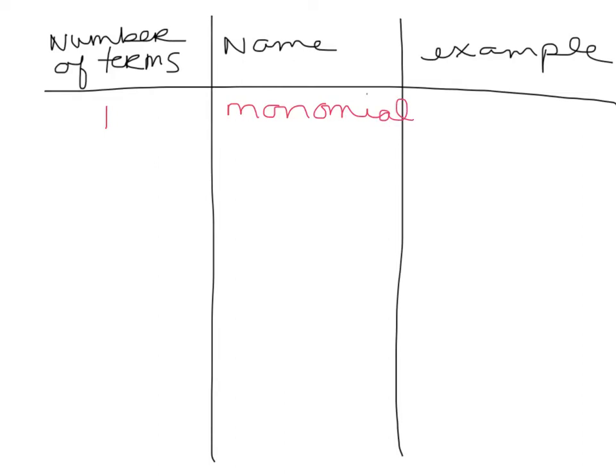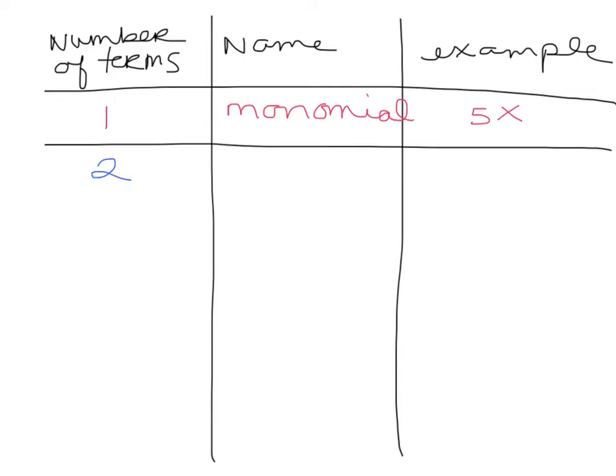An example of a monomial could be 5x. 2 terms is considered to be a binomial. An example of a binomial could be x squared minus 16. There's just 2 things, the x squared and then the 16.